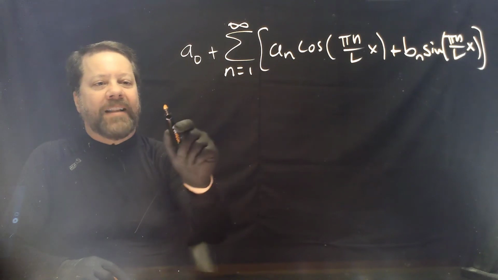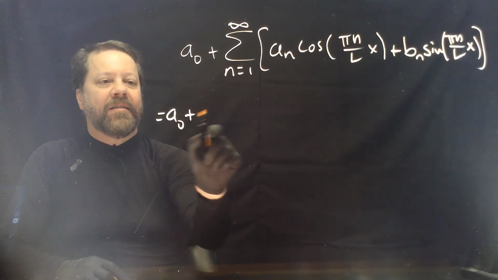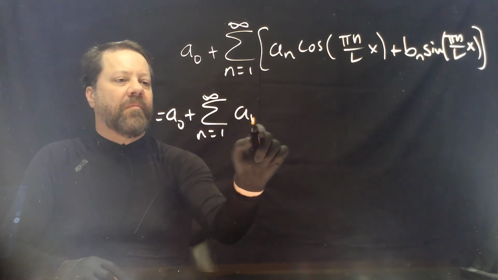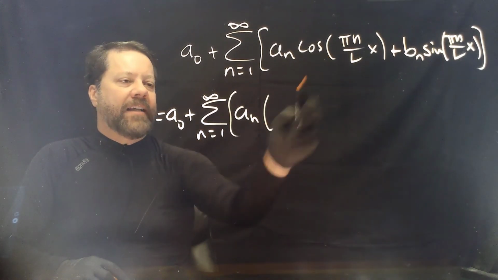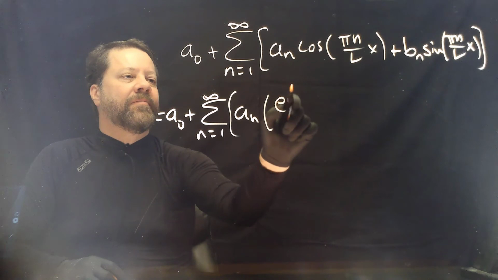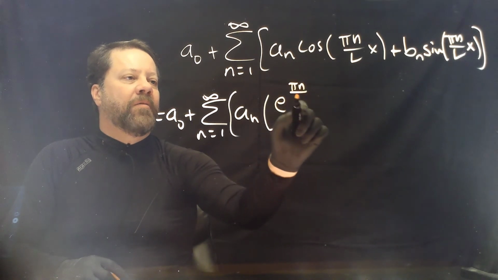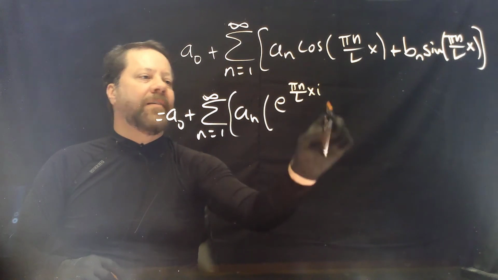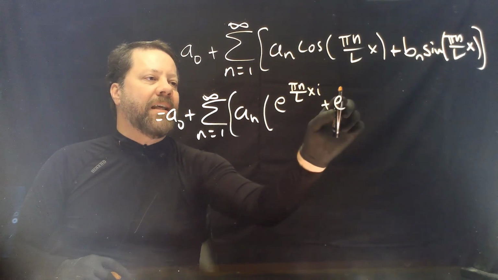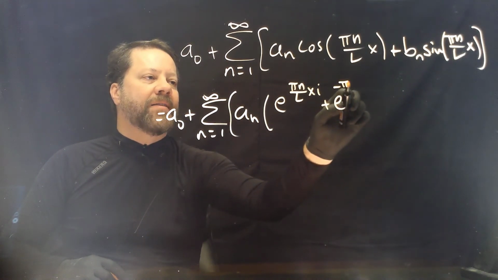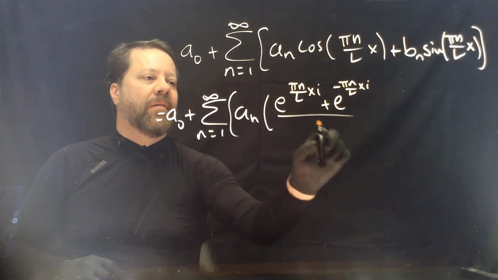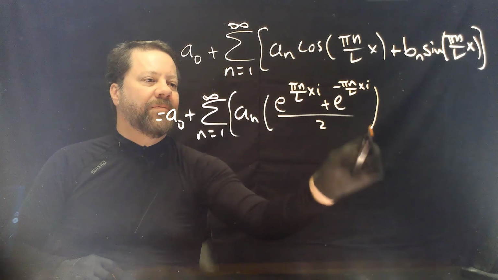we could rewrite this as a0 plus the sum, n goes from 1 to infinity, of an times e to the pi n i x over Lx plus e to the minus pi n i x over Lx, all over 2.